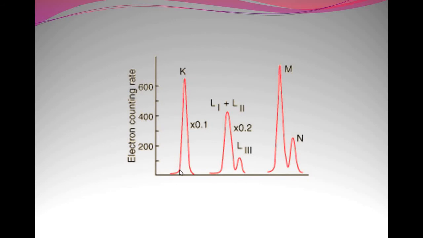And you can see that the K shell electrons are emitted with least energy because the binding energy of the innermost shells is more.